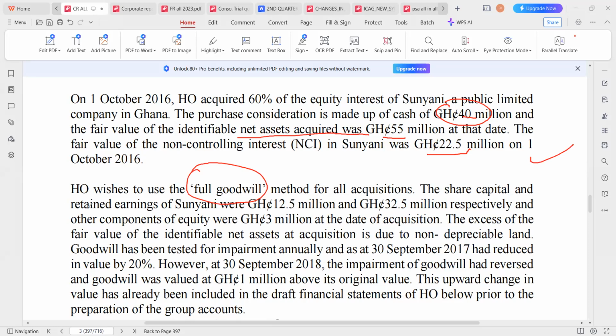So the share capital and retained earnings of Sunyani were 12.5 and 32.5, respectively. The other component of equity was 3. If you add all of these figures together as the net assets, it will be less than the total net assets given to you. Try and add them and let's see. They are trying to give you the breakdown. Share capital is what? 12.5. Please plus 32.5, what do you get?